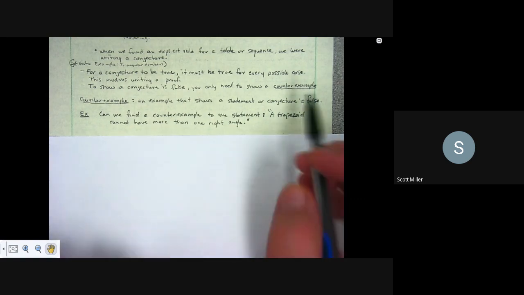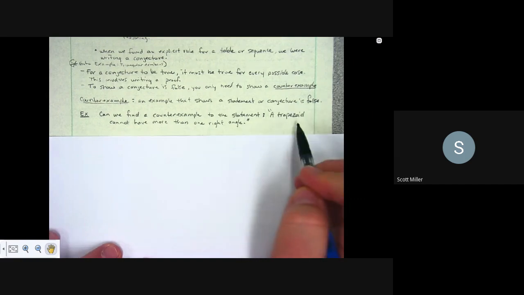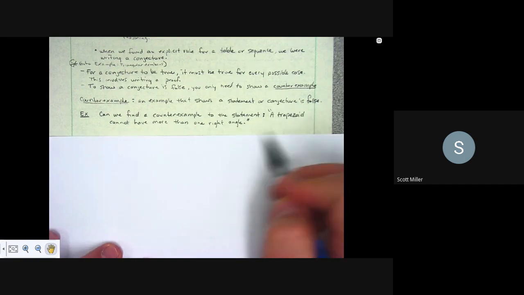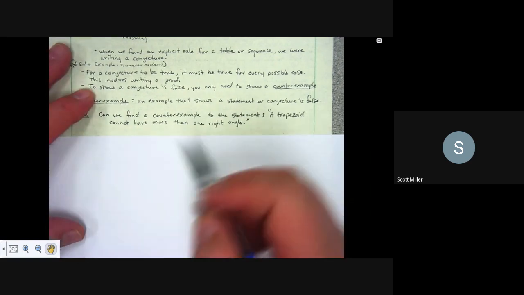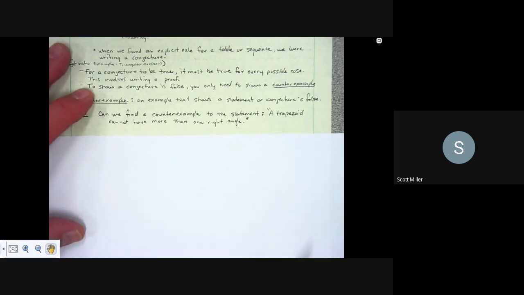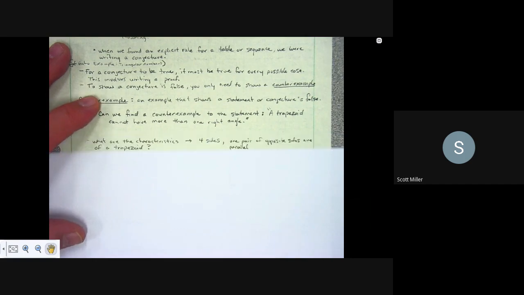You need to understand some characteristics of what a trapezoid is to be able to answer this. If you don't know some characteristics of a trapezoid, I will tell you right now, but you want to make sure you write these things down as you experience them. Every definition that you come across is a tool that will help you answer questions at a later date. So what do I know about the characteristics of a trapezoid?